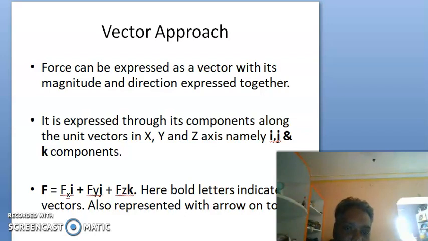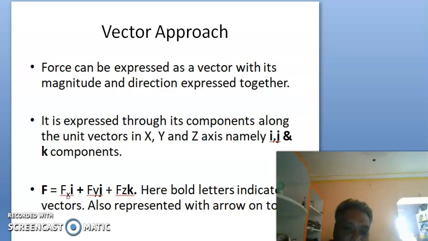So in vector approach, force is directly expressed as a vector with its magnitude and direction expressed together in a single expression. It is expressed through its components along the unit vectors in x, y and z direction, namely i, j and k components. So here the force vector F is equal to Fx i plus Fy j plus Fz k.